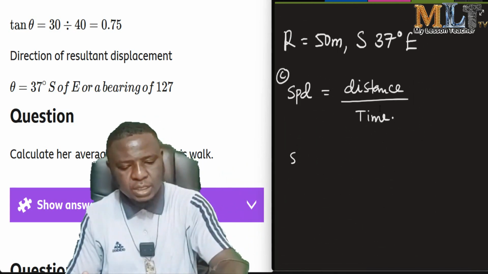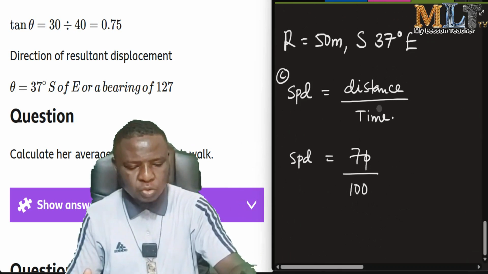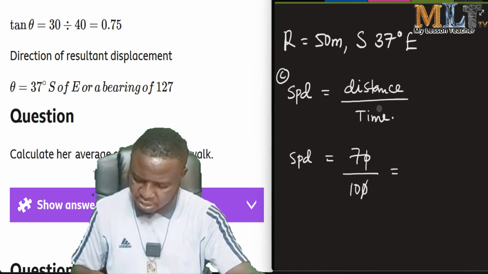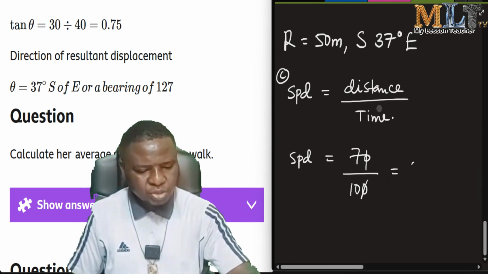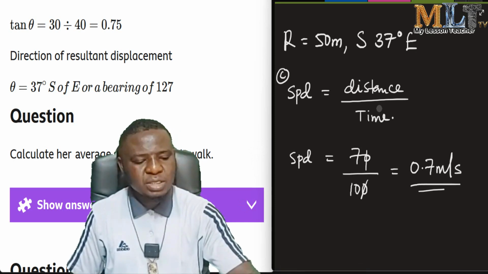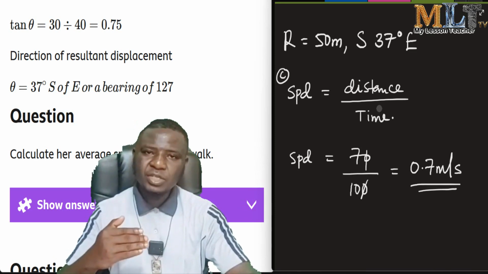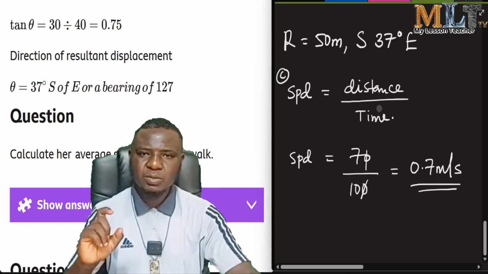Speed is equal to distance, 70 meters, divided by the time taken, 100 seconds. This cancels this, and speed is 7 divided by 10, which is 0.7 meters per second. What this means is that for every 1 second, she was able to cover an average of 0.7 meters. So that is how to calculate the speed.